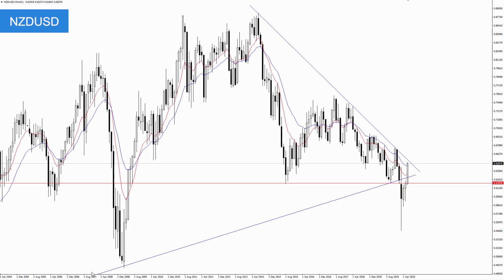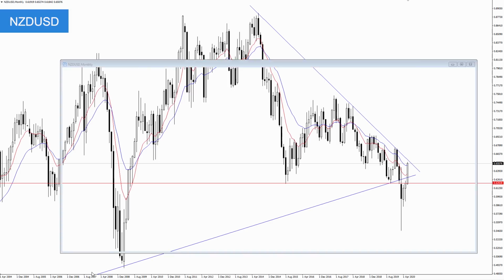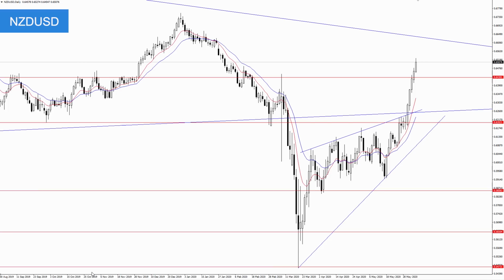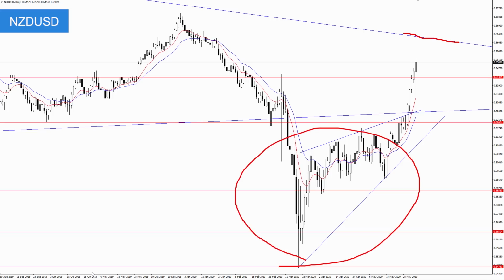So looking at this on the daily time frame, if I start to see this resistance up around 66 get taken out on a daily and weekly closing basis, again, that would change my mind and tell me that all of this down here was just one big false break that could send the New Zealand dollar higher. However, if we start to see a pullback and the market takes out this 64.30 support level and also aggressively retests 62.50, that could be a sign that this is the false break.